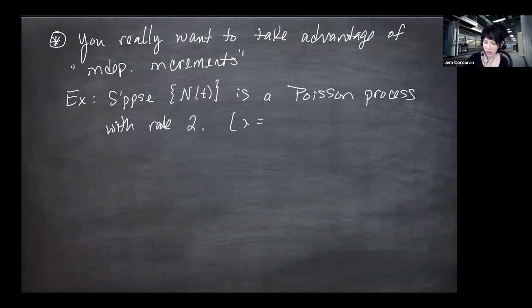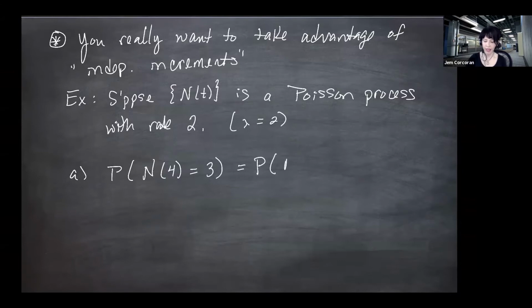The lambda is 2. Okay, so for part A, let's find the probability that the number of arrivals by time 4 is 3. I absolutely don't expect you to write this next line, I'm going to write it for our first time seeing this. This is the number of arrivals at time 4 minus the number of arrivals at time 0, which is 0.